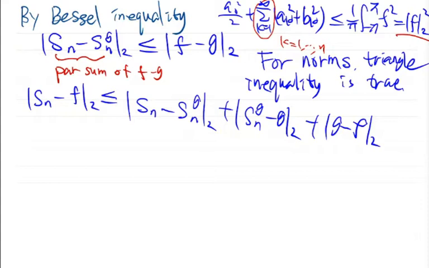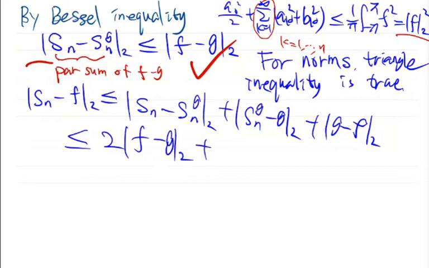By this inequality, we obtain that this is not greater than twice the L2 norm of f minus g plus the L2 norm of Sn g minus g.